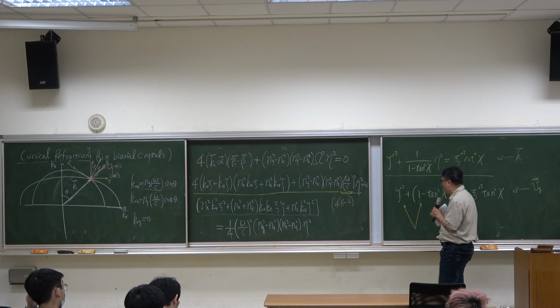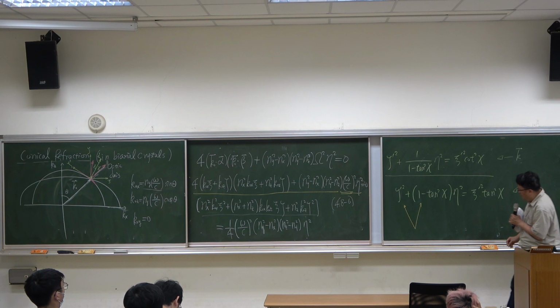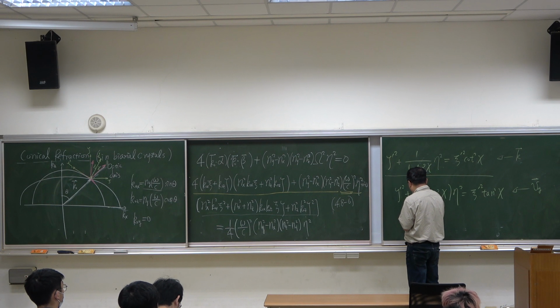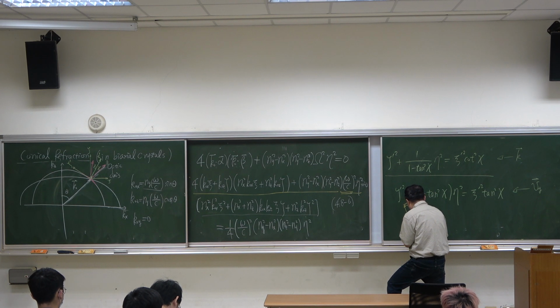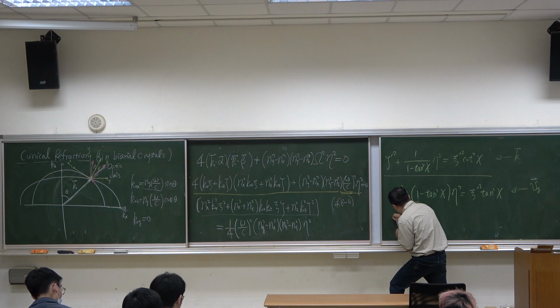Suppose this is the cone for the group velocity, and this is the cone for the k vector.